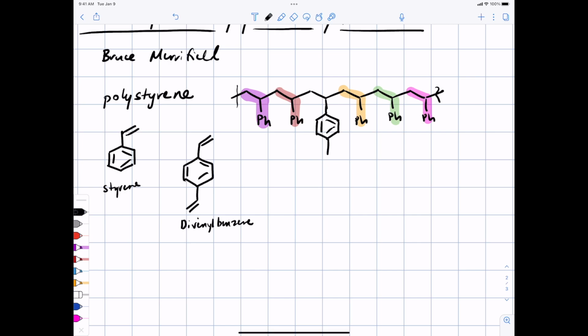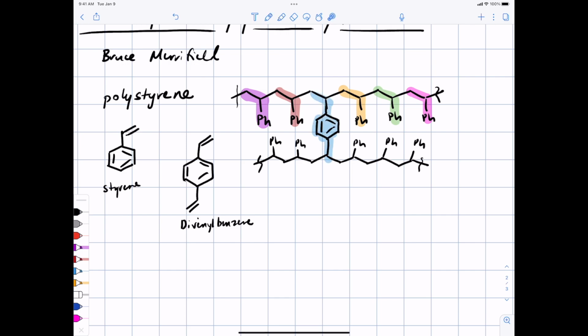And so it can be connected to another chain of polystyrene. And I guess you guys can, well, trying to decide how much to try to make a pretty drawing.